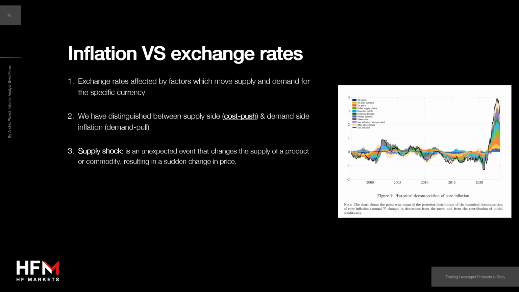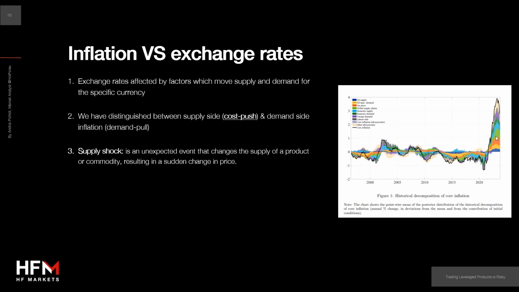So it's this fluctuation between supply and demand: the supply side, which is the cost push that we saw earlier, and the demand side, which is also known as demand pull, affected by several factors in the market, such as labor, domestic supply and demand, energy market, and so on and so forth.